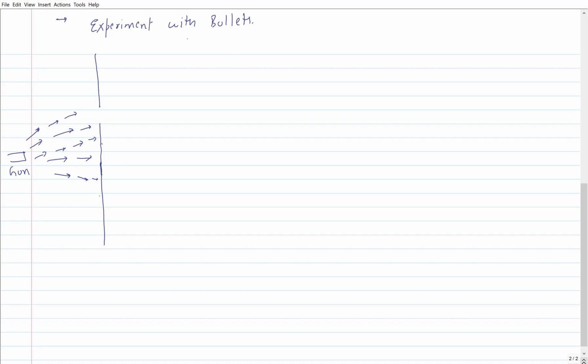And I have a screen to collect these bullets. So what I do is that I detect the bullets on the screen and make a histogram.